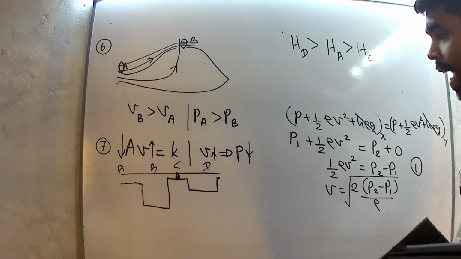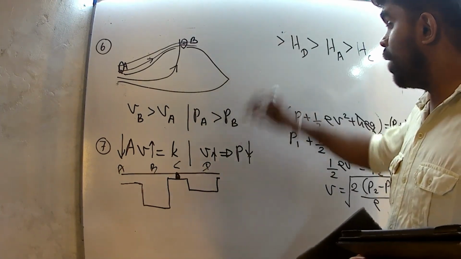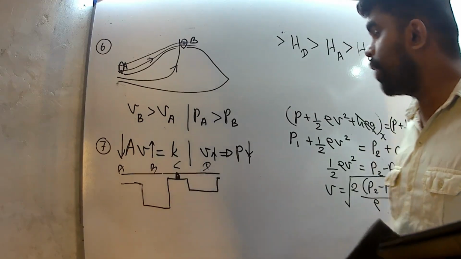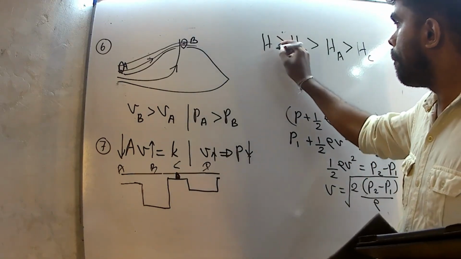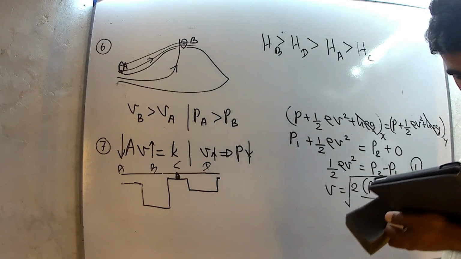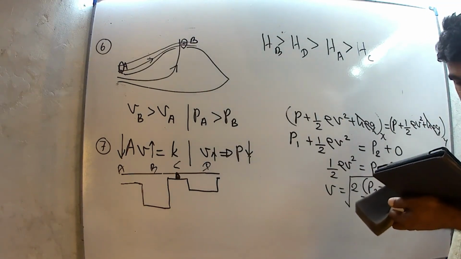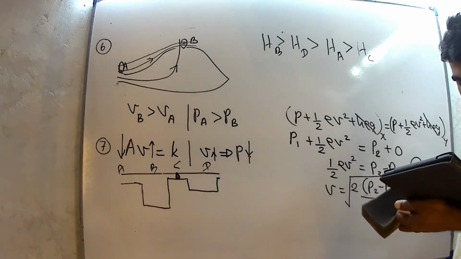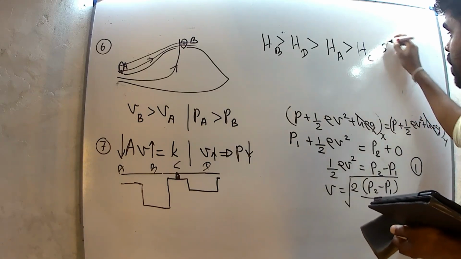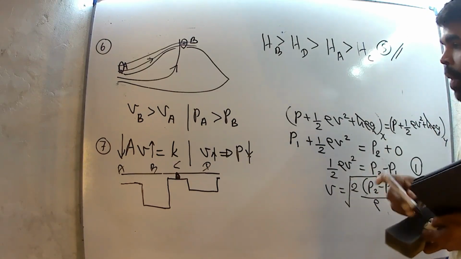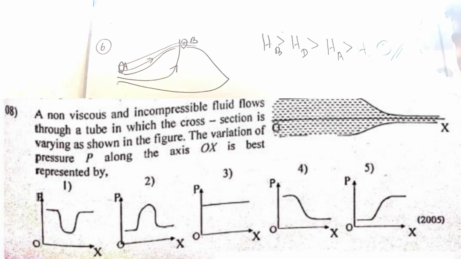And we can observe the largest value of H for the B tube: HB, HD, HA and HC. We can get the fifth answer as the correct answer for question number 7. Then 8.